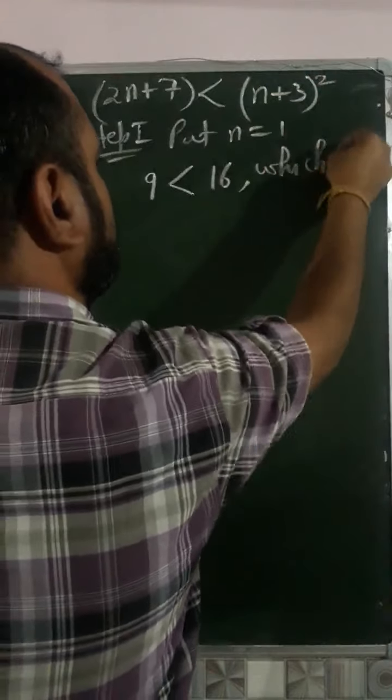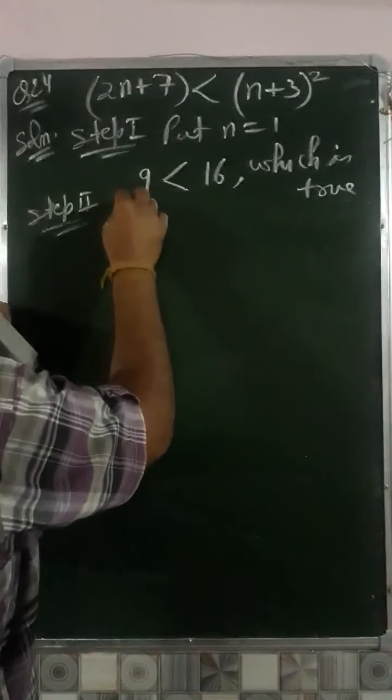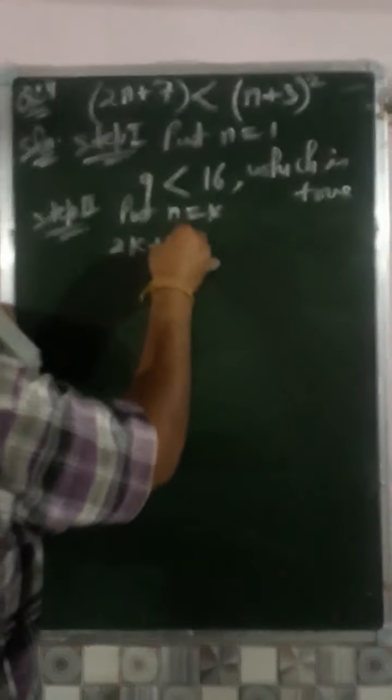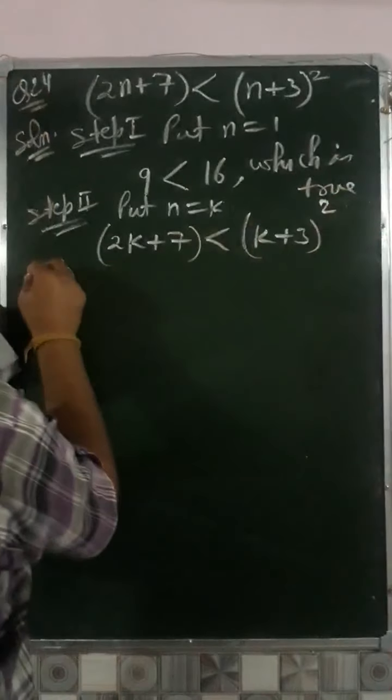Now step number 2 is put n is equal to k: 2k plus 7 less than (k plus 3) whole square.